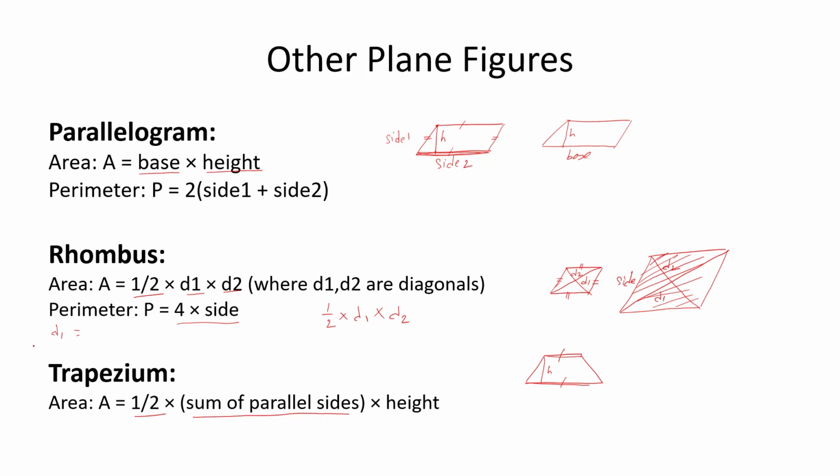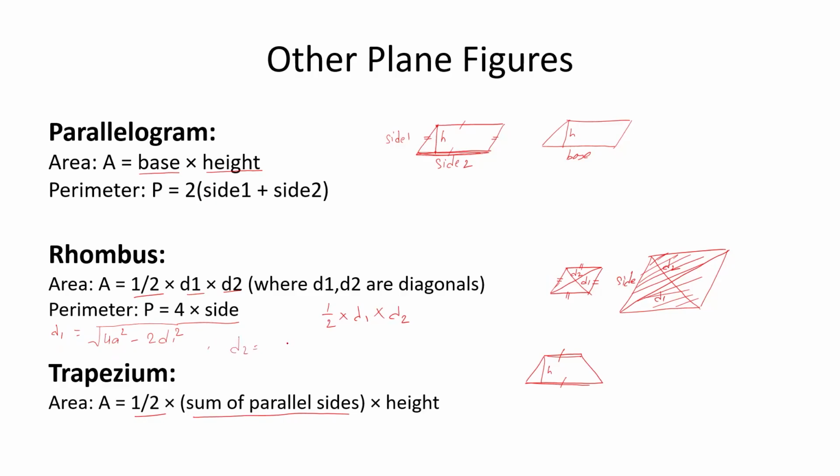Here you have one more formula. Suppose one side is given and one diagonal D2 is given. Then you can compute the other diagonal by this formula: D1 is equal to the square root of 4A square minus D2 square. This is the formula for when one diagonal is given.